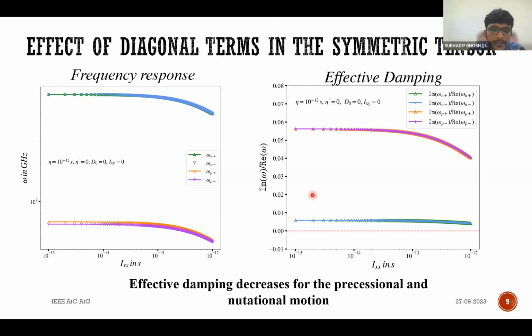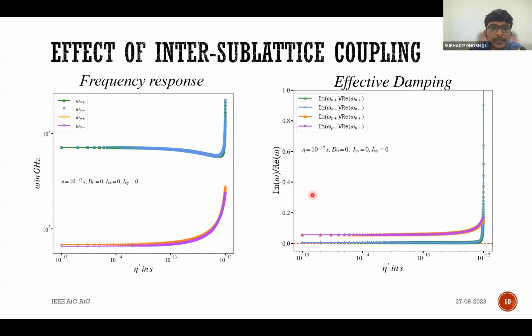Here I will not show the IYY response, because as we know, the off-diagonal element contribution for the inertia tensor is very small. So for that reason I will not include it in this talk.